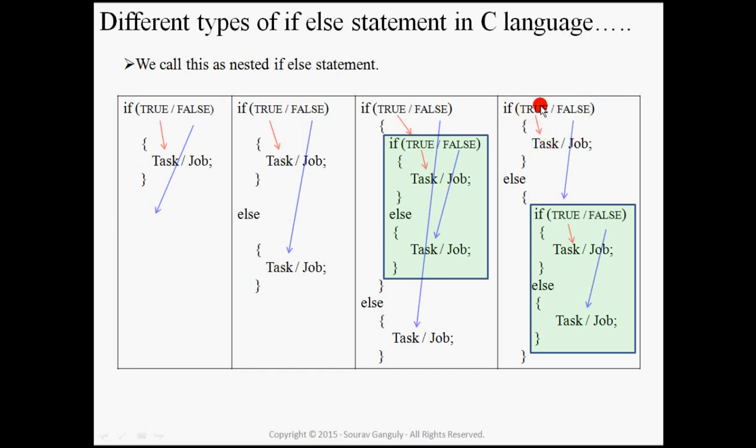If the first condition is false, then this section will execute. That means this section is under this else, and this else is directly associated with this if. If this condition becomes true, then this task will execute. If this condition becomes false, then this task will execute.